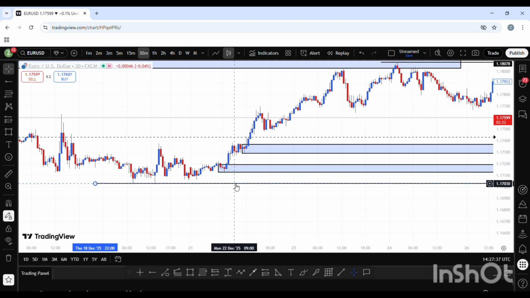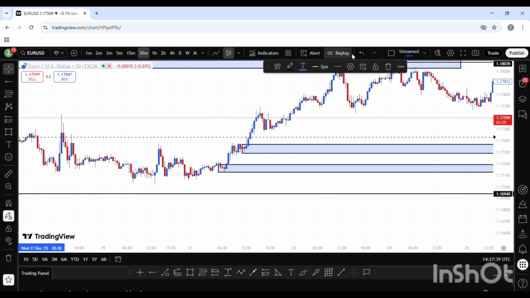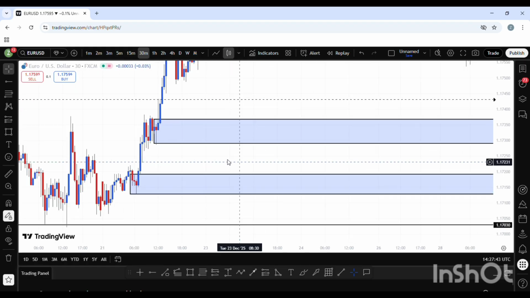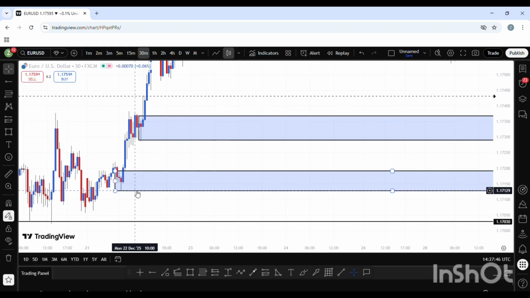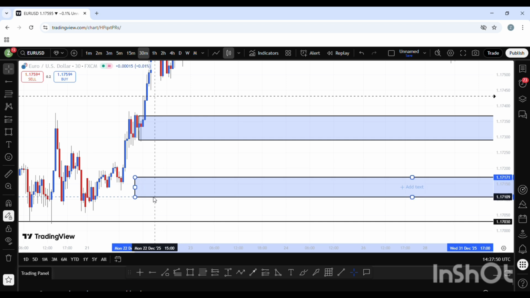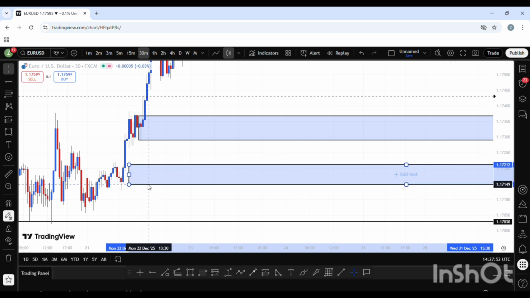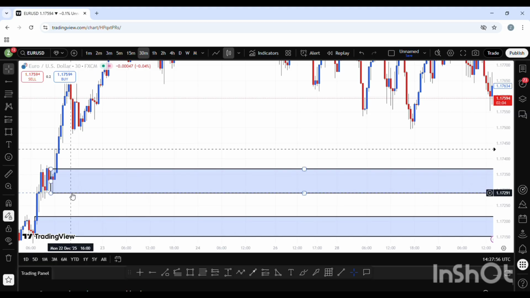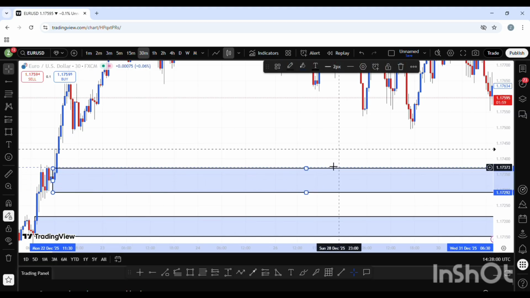So let's go back to what I was analyzing. When you check at the daily time frame, you'll realize that the candle had a bit of selling pressure, meaning for our market to buy, it has to sell. And it's something that I learned along the trading journey.